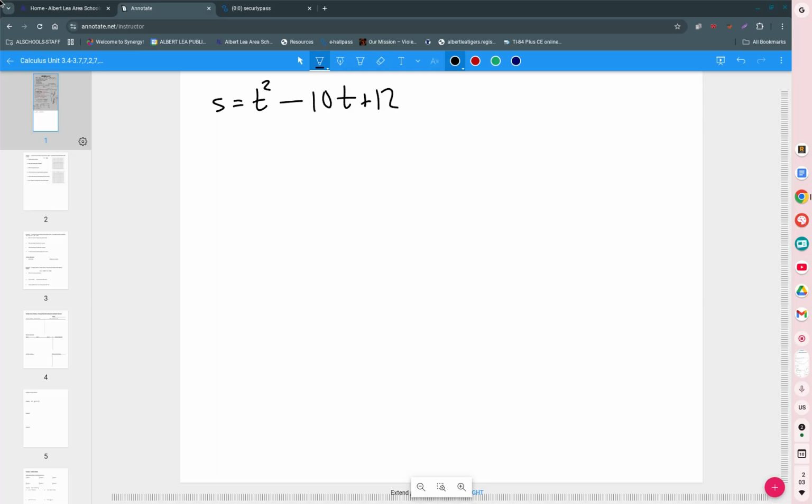Oh, 2t. So v equals d, 2 times t. Motion.